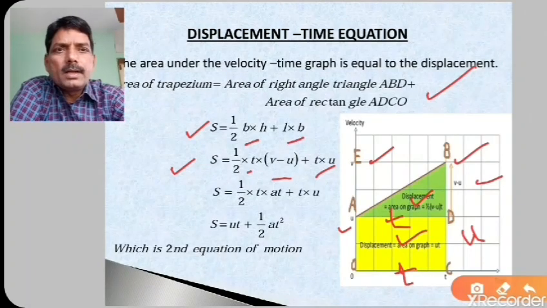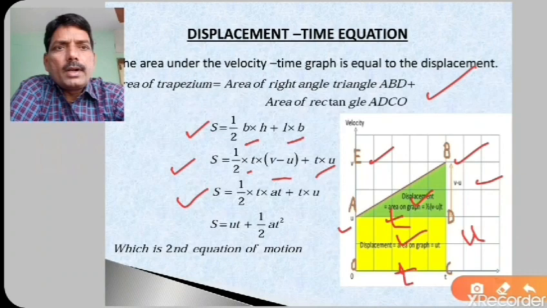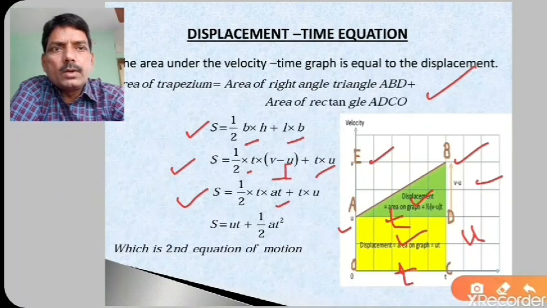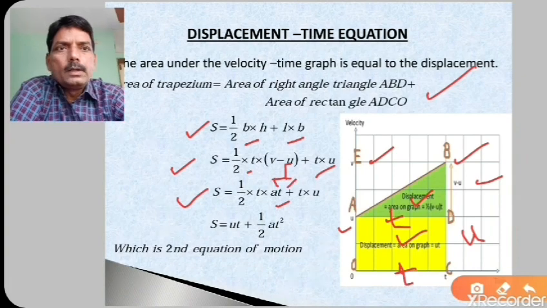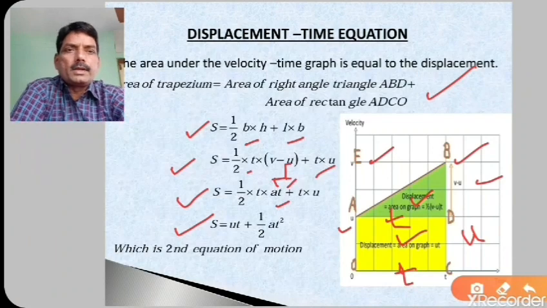So by simple multiplication you can write S is equal to 1/2 into T into AT, because I have taken the help of the first equation of motion, where V minus U is equal to AT. So by putting the value of V minus U equal to AT and doing the calculation, you will get S is equal to UT plus 1/2 AT square.